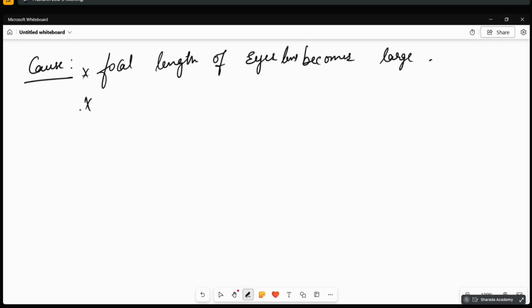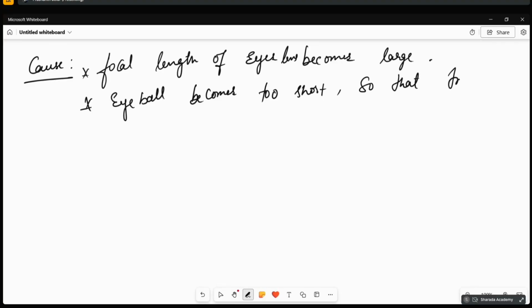Or you can write: the eyeball becomes too short, so that the image is formed behind the retina. When the image is formed properly on the retina, then only you can see it very clearly. Otherwise, it looks blurred, correct? So in this case, the image is formed behind the retina. So we have to put on spectacles so that it is formed properly on the retina.